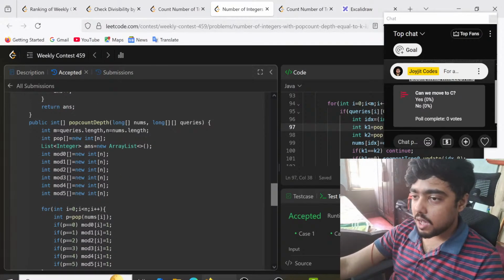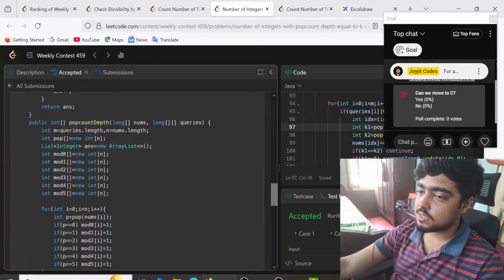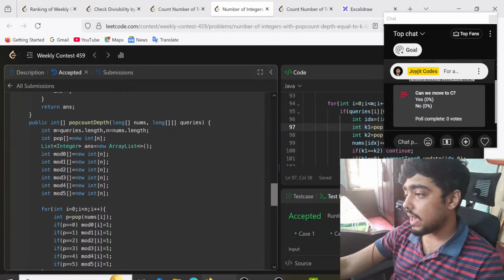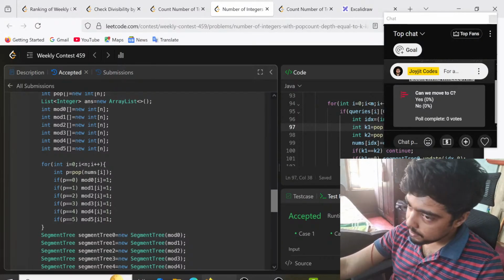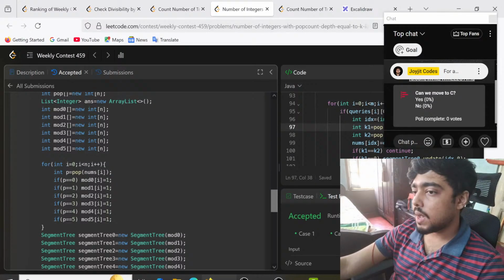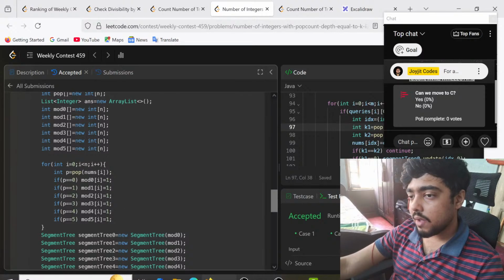Now see, I'm having a total of 5 modified arrays. What is each modified array going to consist of? For every specific number in nums, I'm going to find its pop depth. If its pop depth is 0, I put 1 in modified 0. If it is 1, then modified 1 will have 1 in that specific position.